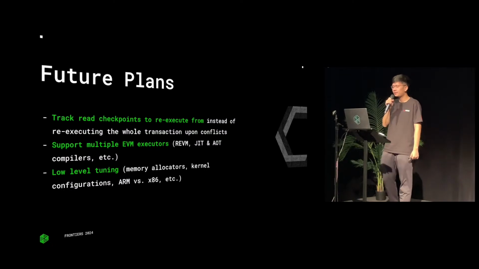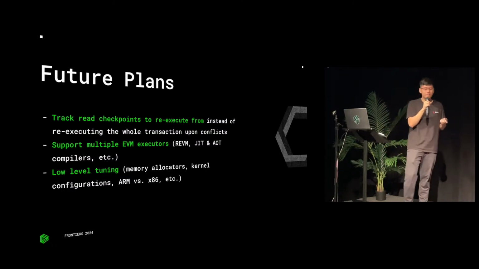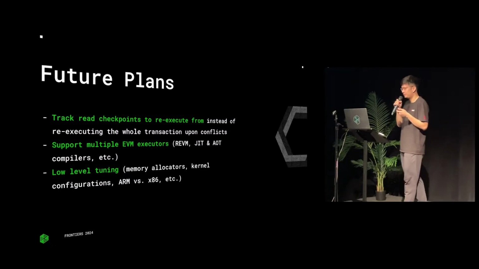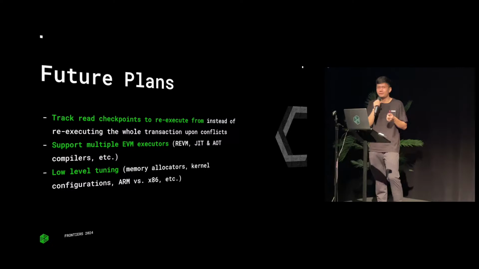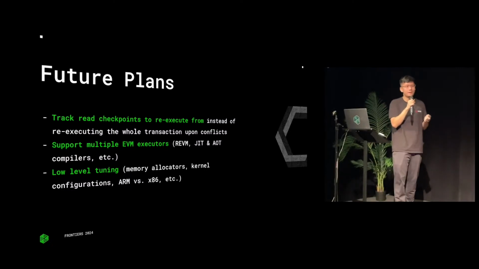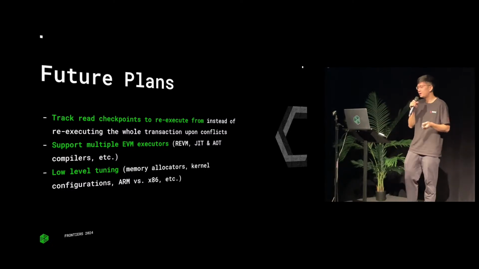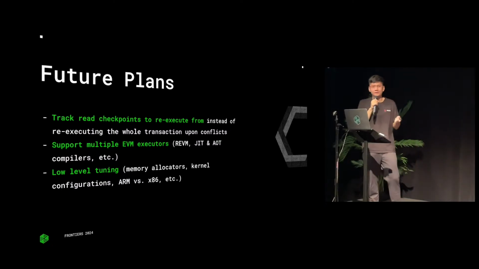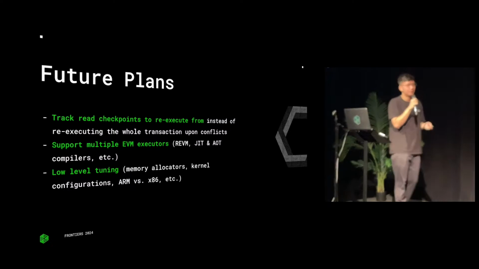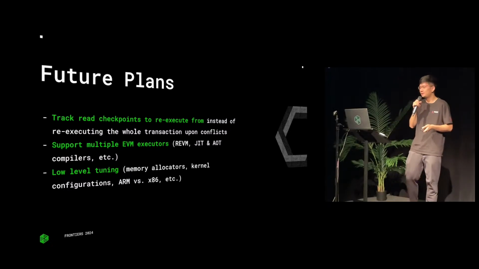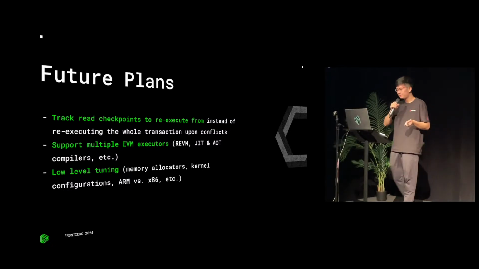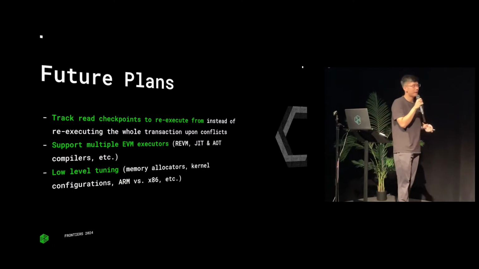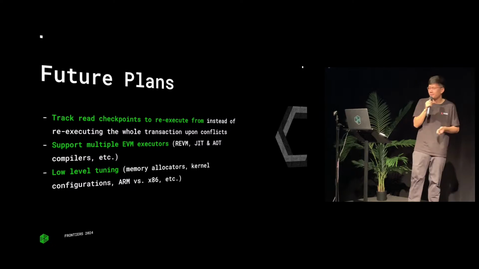Like memory allocators. When you optimize to the microsecond range, even memory allocators can make a big difference. And up to now, we have been trying jemalloc, snmalloc, mimalloc, and rpmalloc. And the difference is actually very noticeable, like up to 30 to 40% in performance. And these add up. So we are using rpmalloc mainly for our parallel EVM implementation.